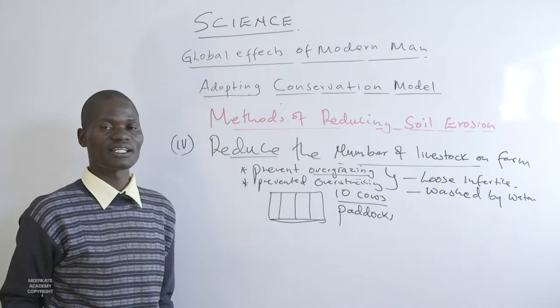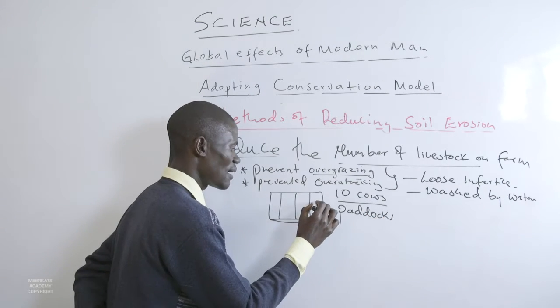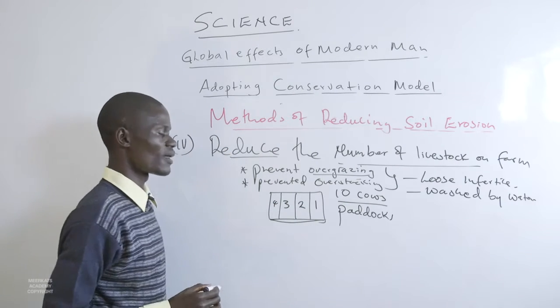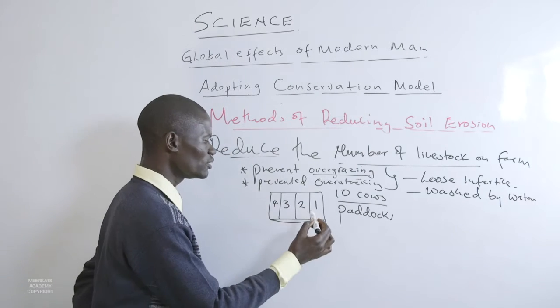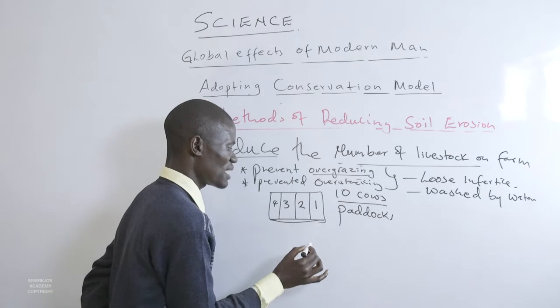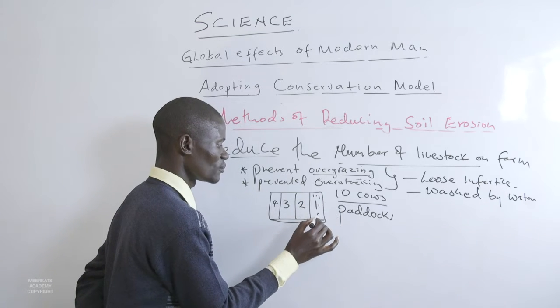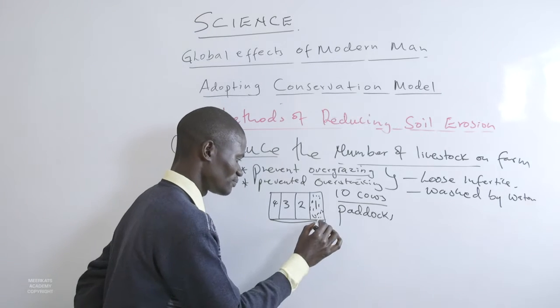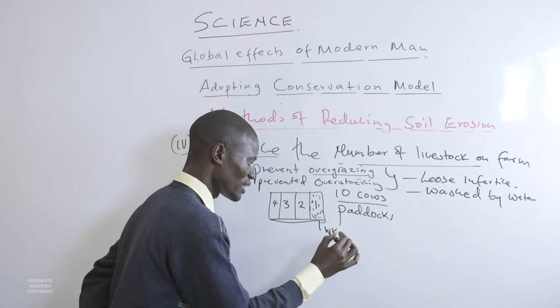You organize your field into paddocks. These become field 1, field 2, field 3, and field 4. Therefore, animals will be able to graze and get enough pasture from this field for a period of 1 week. They can graze here for 1 week.